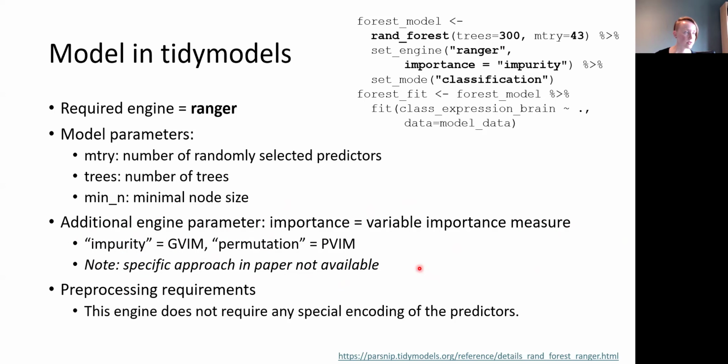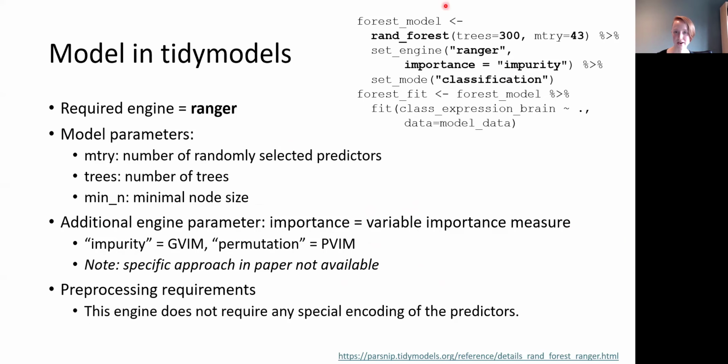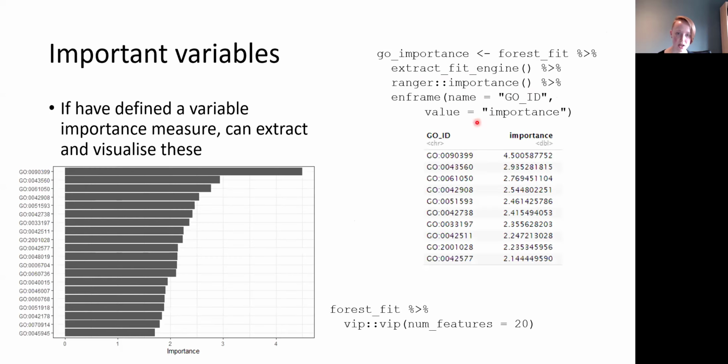So I will continue in my slides for the sake of time. So the nice thing we can do if we have run our model up here and fit it on some kind of model data to predict our class of expression, we can then pull out our important variables.